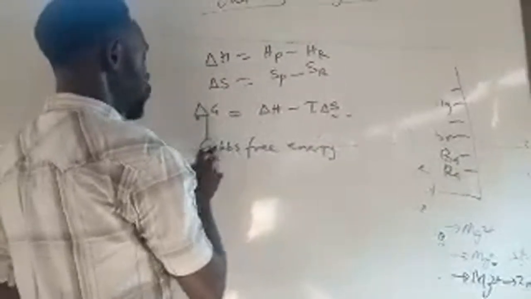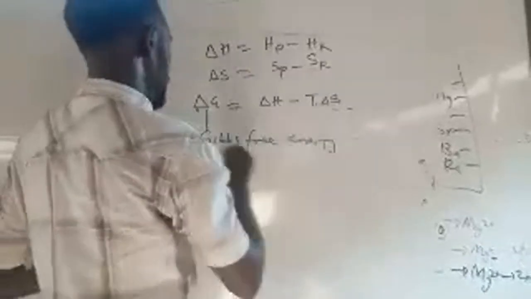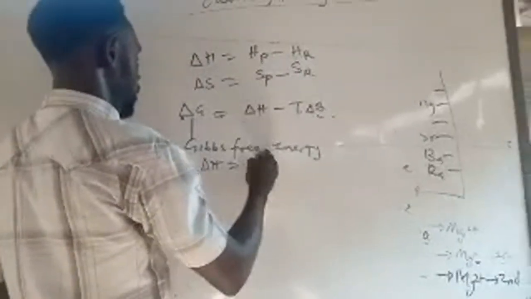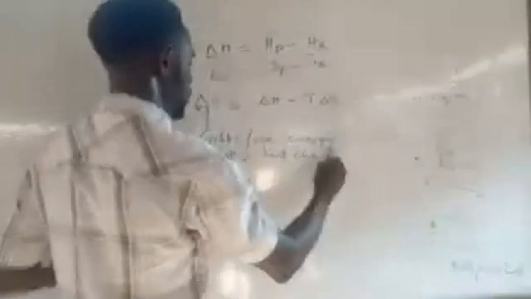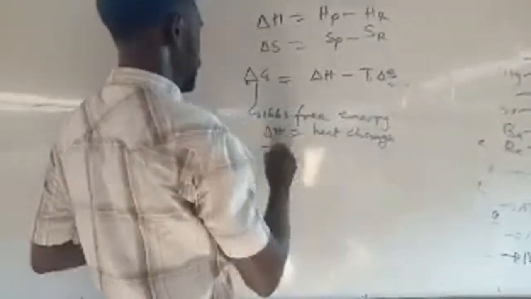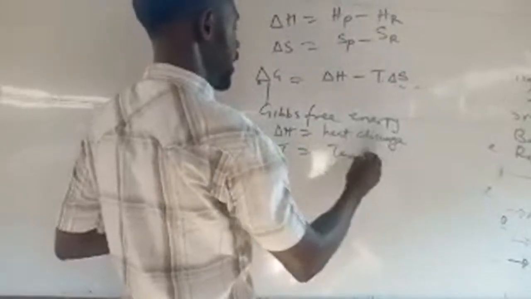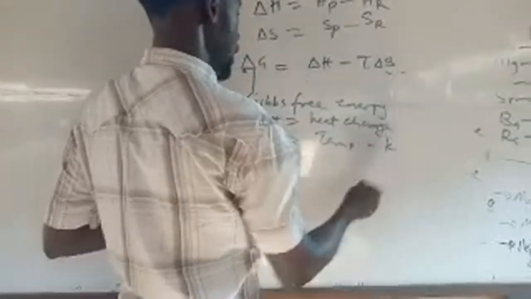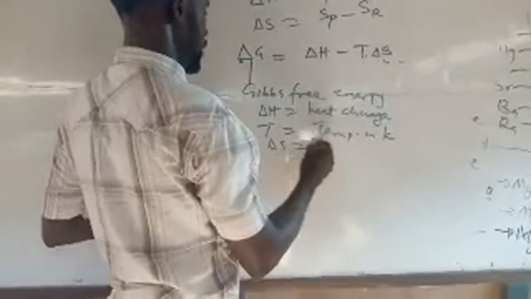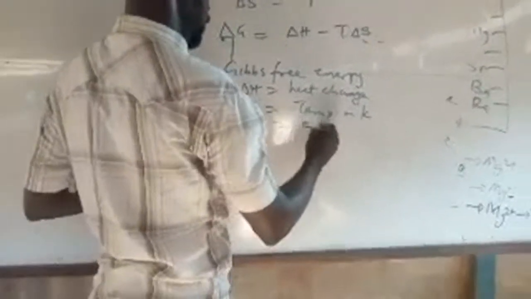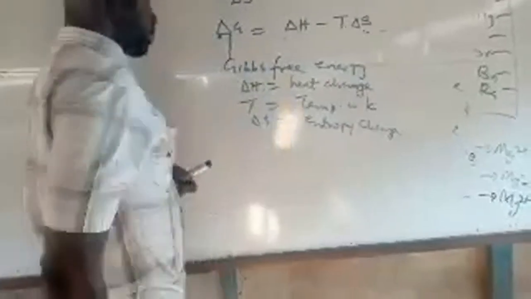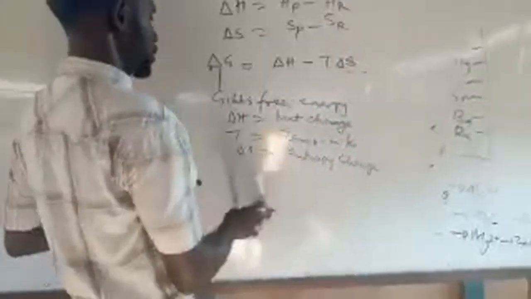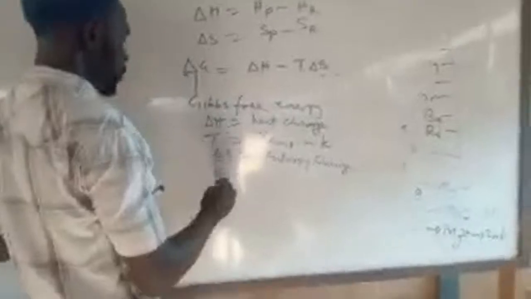If you don't want to say Gibbs, you just say free energy. Then, as usual, this is entropy change.